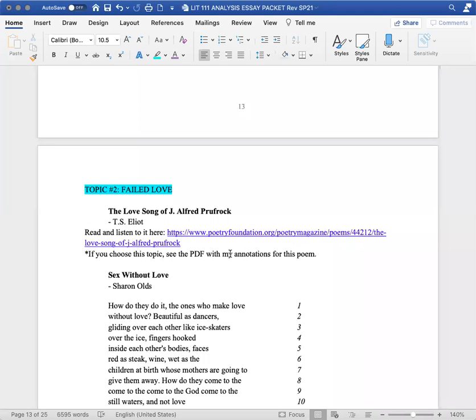And so you'll also get the annotations that I have. So that will help you, because it is a long poem and I don't mind sharing that. The different things that I noted or underlined or pointed out might help you make some decisions about why love fails in this poem.